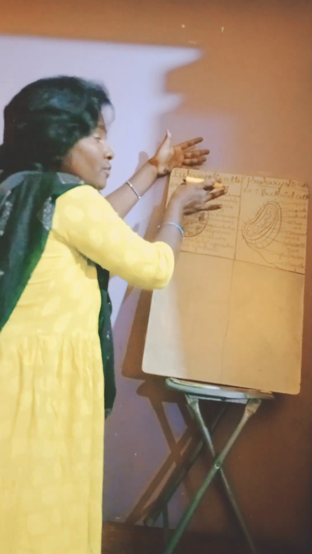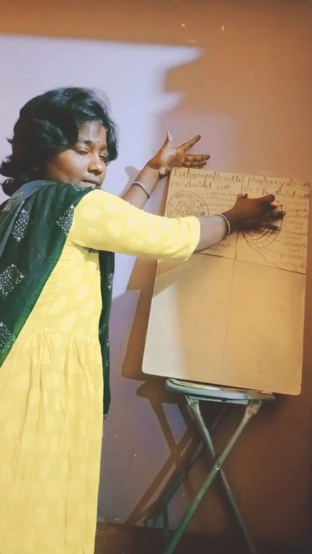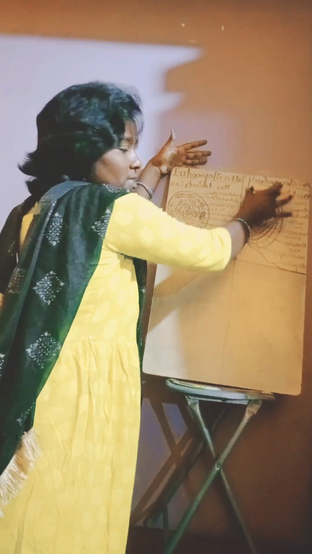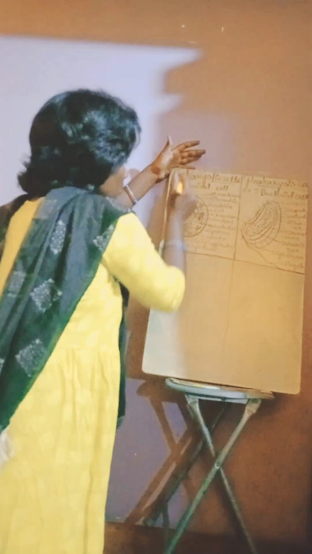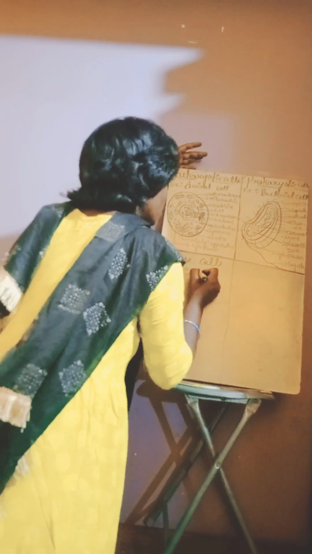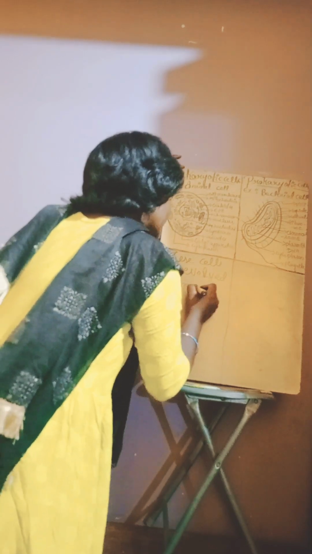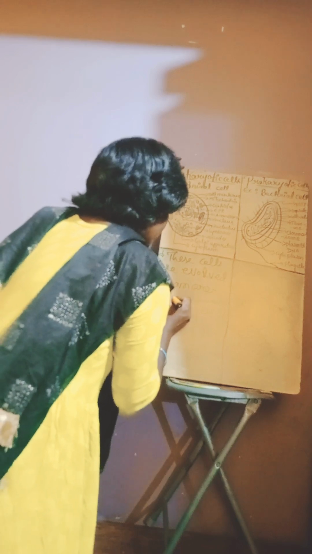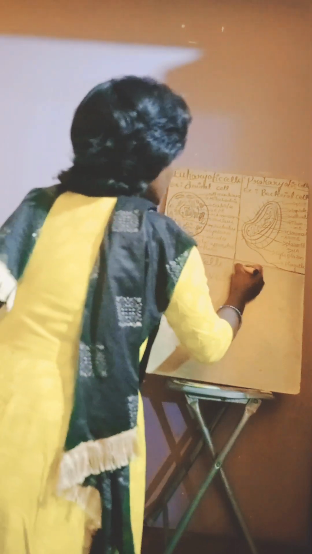Prokaryotic cells are the first cells evolved on the earth. Eukaryotic cells are cells which evolved from pre-existing cells, that is prokaryotic cells.